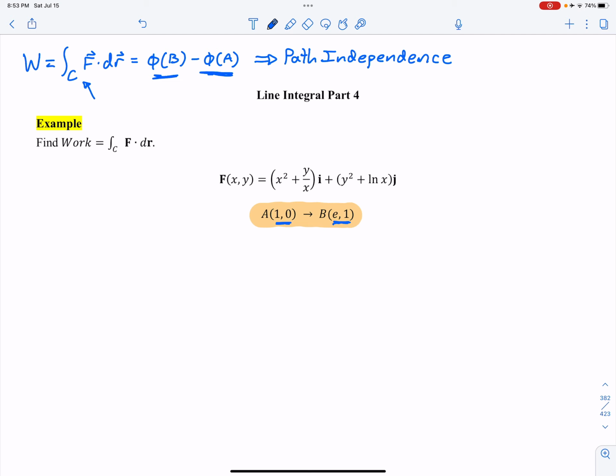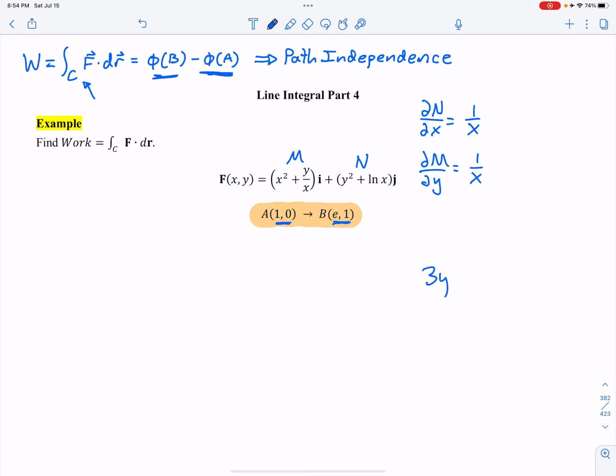So with this problem, the first thing we need to do is show that it's conservative. We're going to do the partial of N with respect to x. We just have that ln of x that's affected. It's 1 over x. The partial of M with respect to y, though, we have 1 over x, because the 1 over x is like a constant times y.